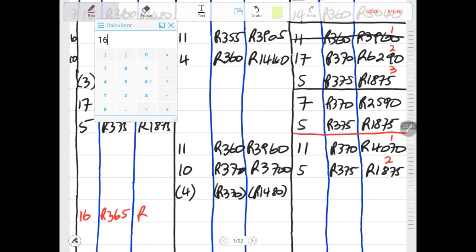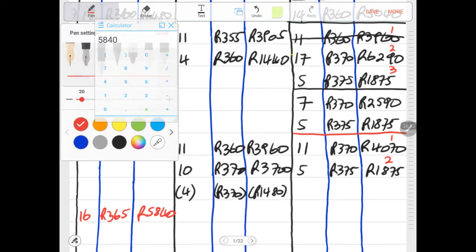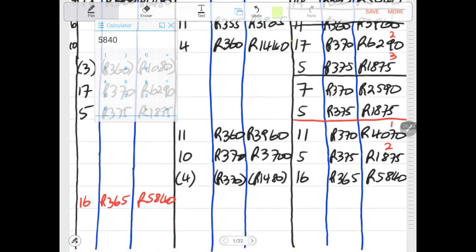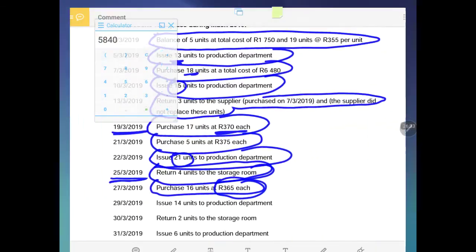So now we have 16 by 365. This is 5,840. Therefore now we need to make an adjustment to our inventory. 16 units at 365. So now this will be 5,840. Now this is the inventory that we bought on the 27th of the month.